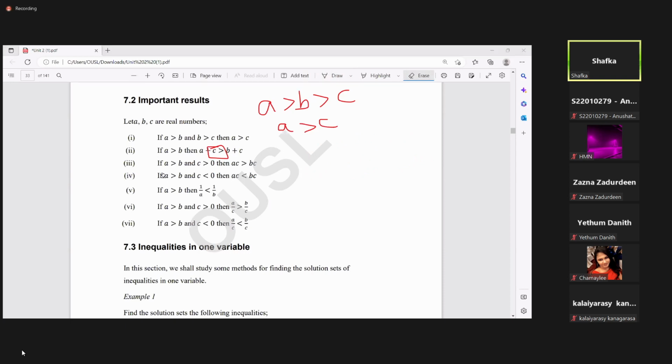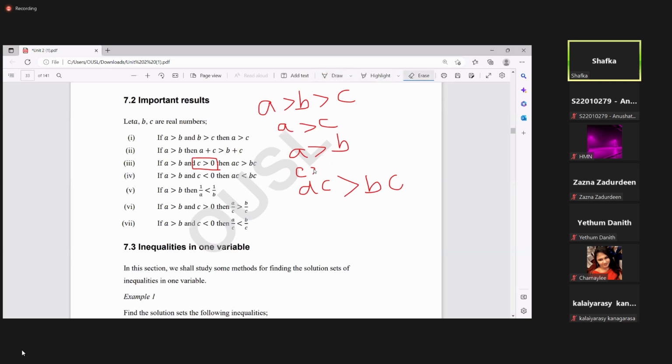Okay, now we have A greater than B, and there is a positive real number C. Okay, this is really important. If you are multiplying both sides by a positive real number C, the sign won't change. A greater than B, I am multiplying with positive C, so the sign won't change.